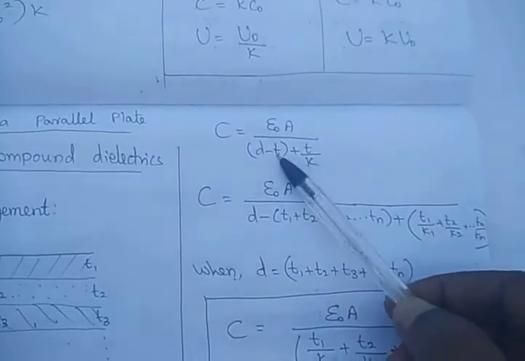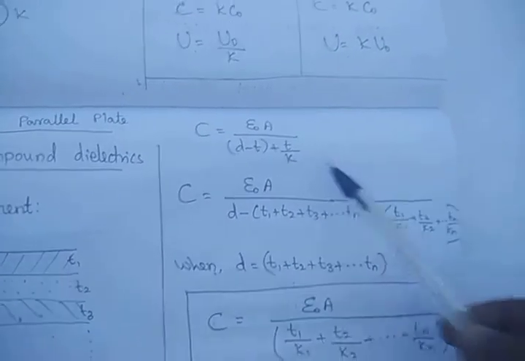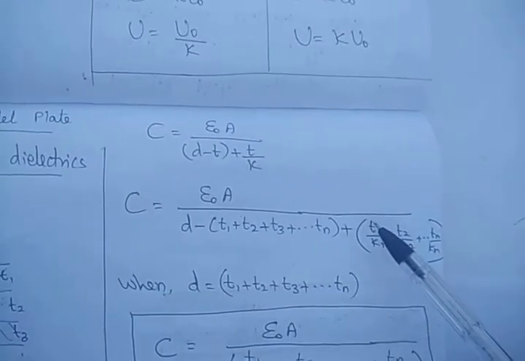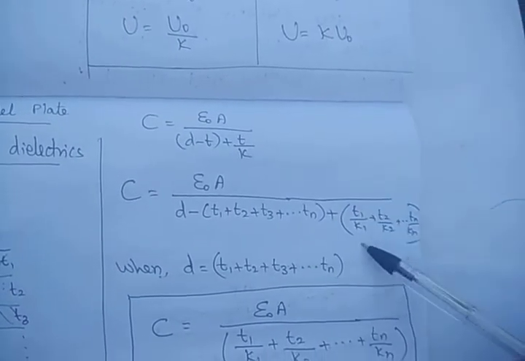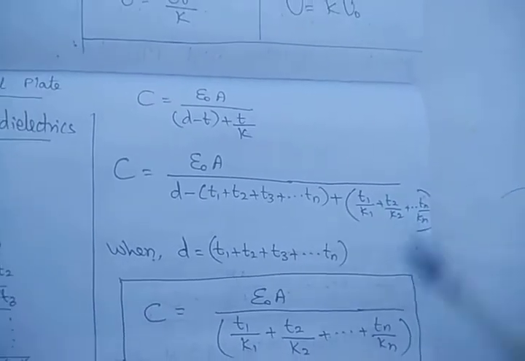So instead of t we put t1 + t2 + t3 up to tn, and instead of t/k we put t1/k1 + t2/k2 up to tn/kn.